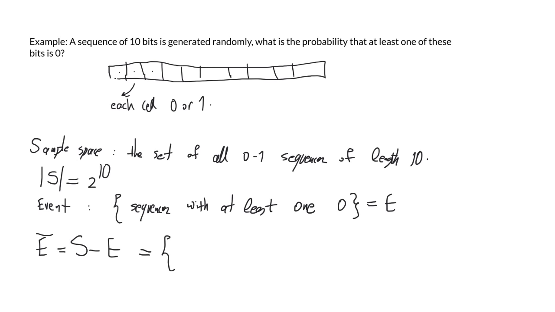When a sequence does not have at least one zero, it means it does not have any zero, and therefore it has to be all ones.